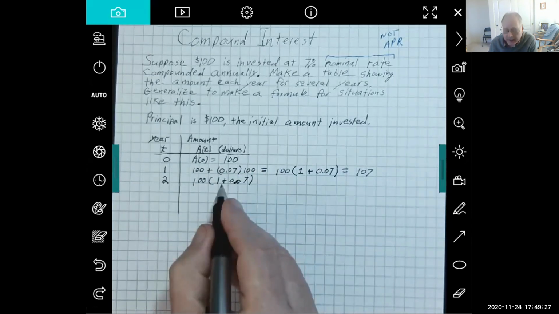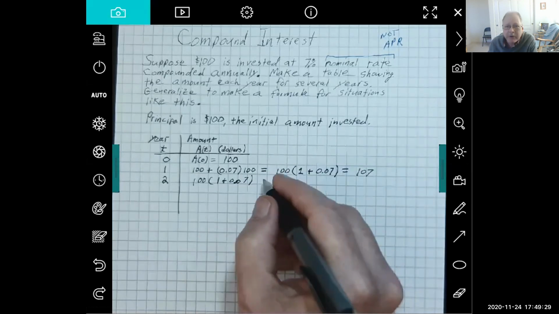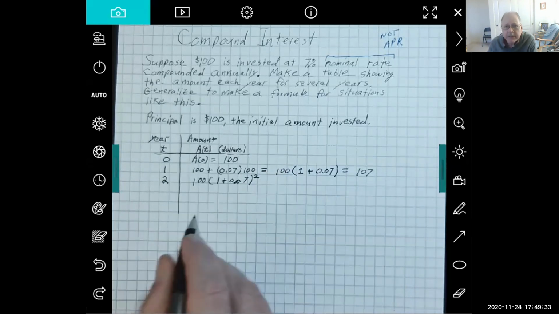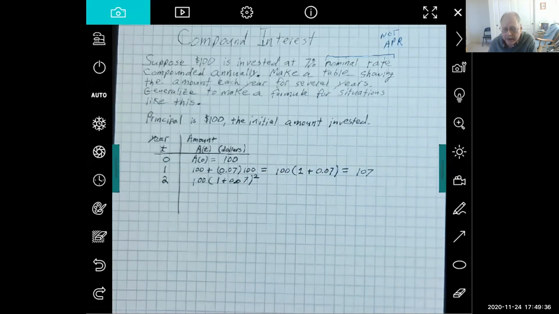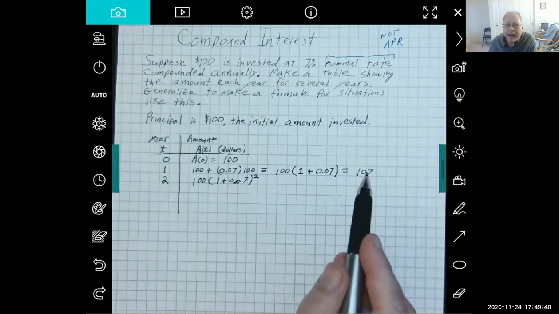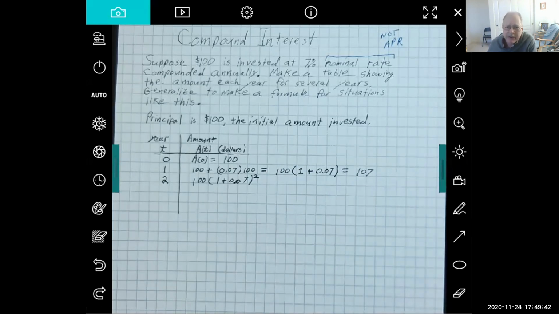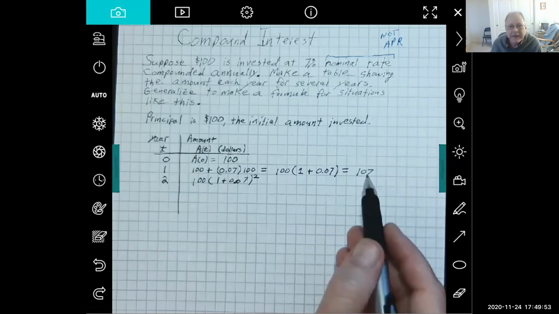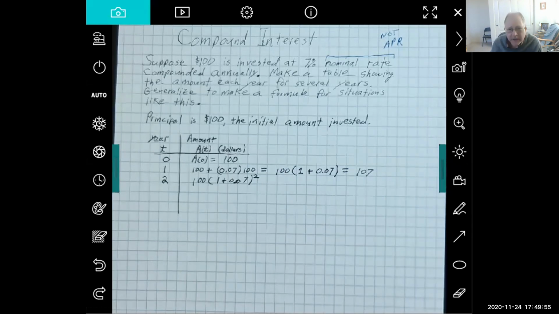That's your $107, but then you're going to multiply times 1.07 again, so that you're not just earning interest on the original 100, you're earning interest on the 100 and the interest that you earned in the previous year. You're earning interest on your interest. And so that's the difference between compound and simple interest. If there was simple interest, you'd just be earning the $7 every year. But this way you earn a little bit more each year.